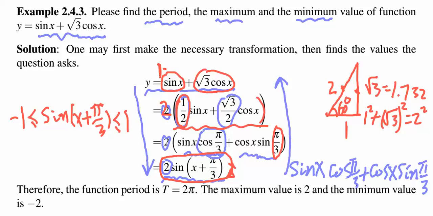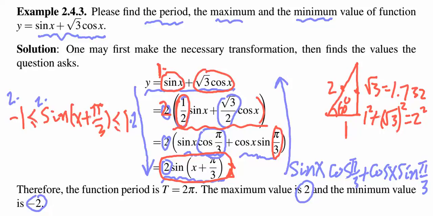If you have a 2 here, then you times 2 everywhere. So the maximum value will be 2, and the minimum value will be -2.